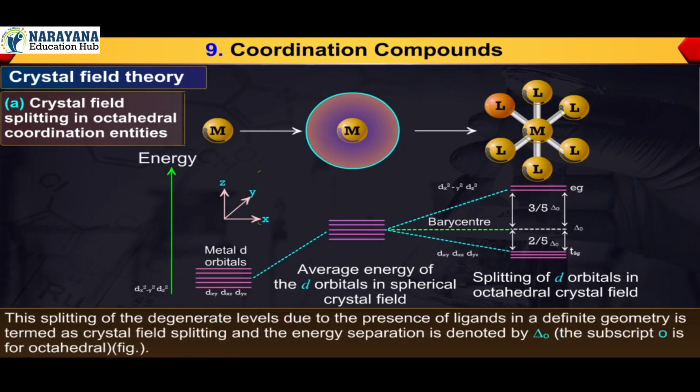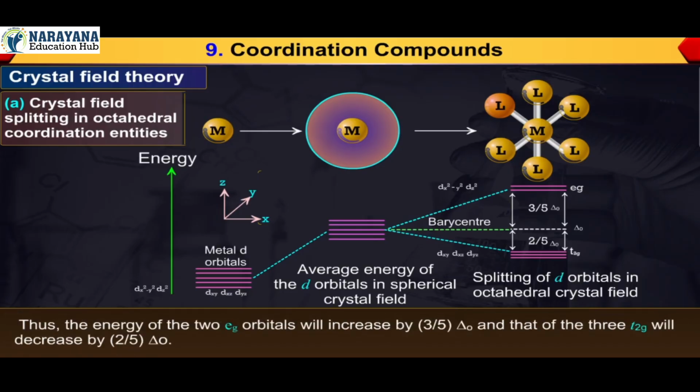This splitting of the degenerate levels due to the presence of ligands in a definite geometry is termed crystal field splitting, and the energy separation is denoted by delta 0. That is, the subscript 0 is for octahedral. Thus, the energy of the 2 eg orbitals will increase by 3/5 delta 0 and that of the 3 t2g will decrease by 2/5 delta 0.